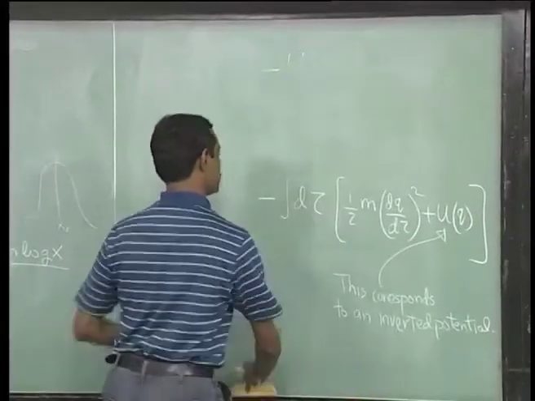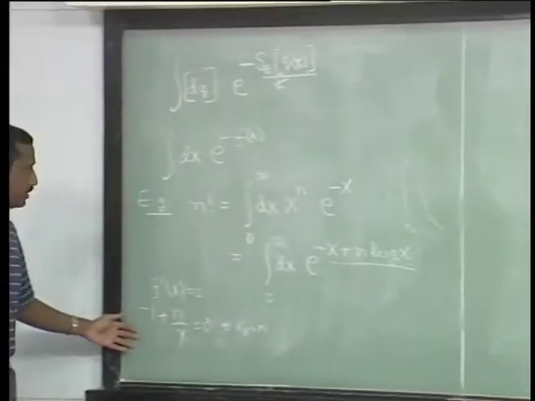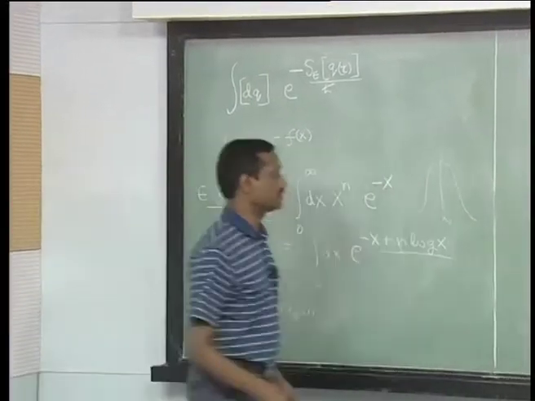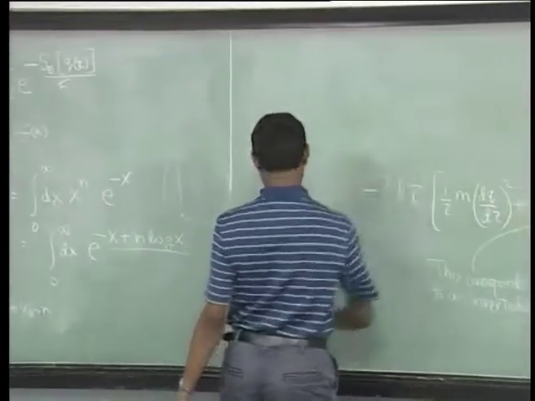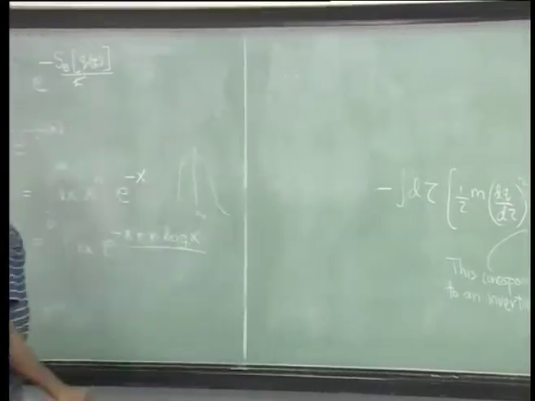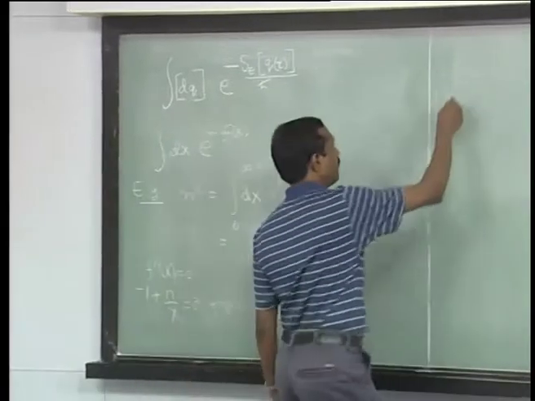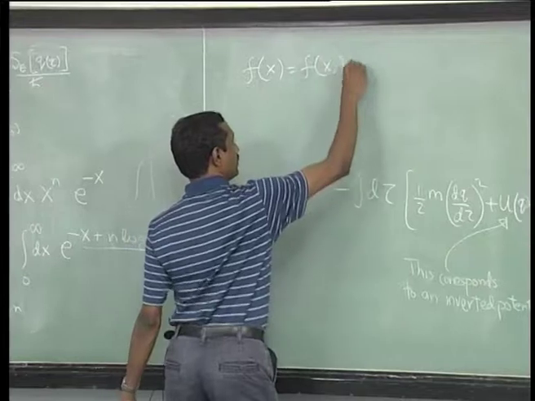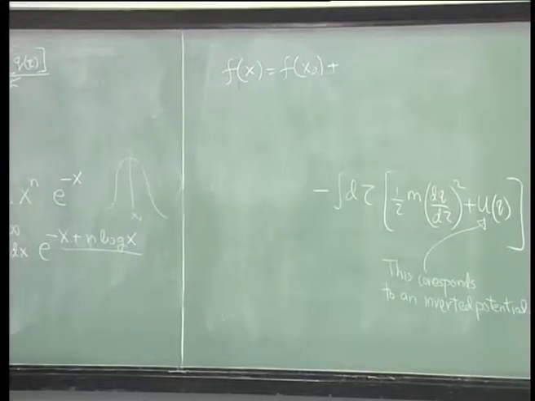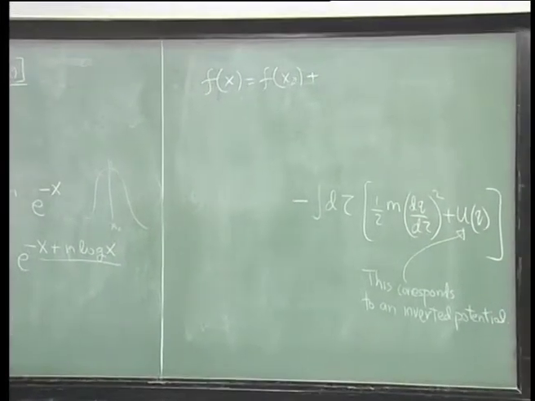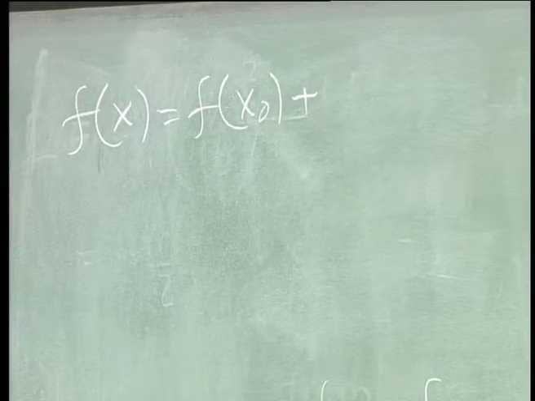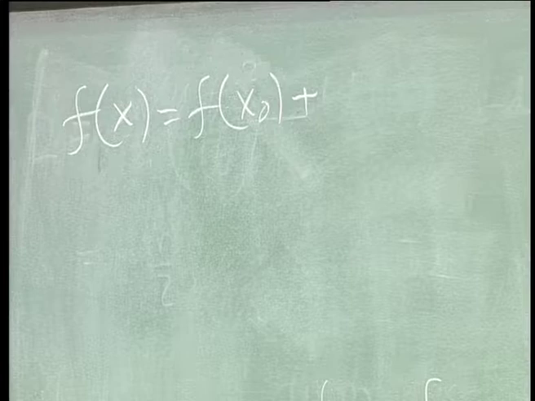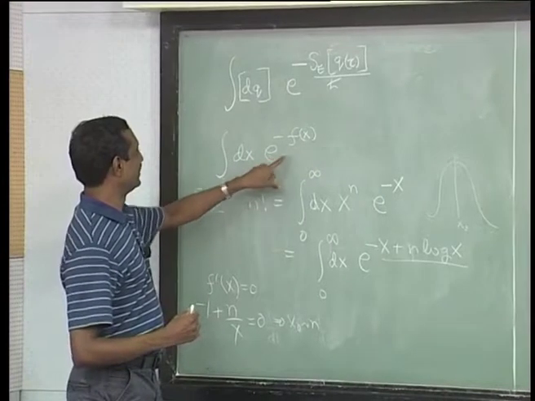And what you can do is to further expand it. I didn't want to erase this. So you expand about this point, and because it is truly an extremum, you will see that f of x will be f of x naught plus the first derivative, which vanishes, and because it is a maximum it will have the correct sign.